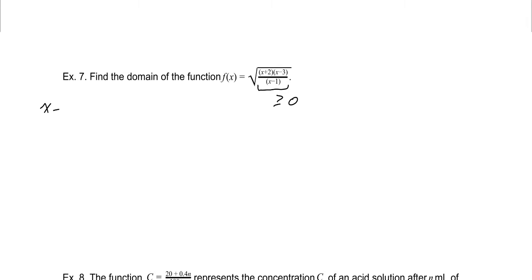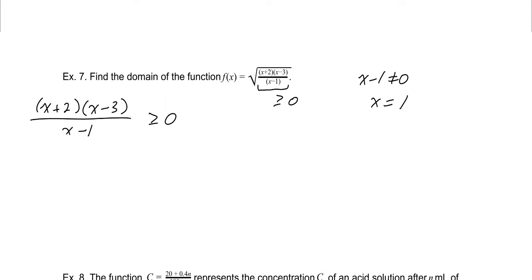So (x plus 2)(x minus 3) over (x minus 1) must be greater than or equal to 0. We also cannot have x minus 1 equal to 0, so we already can say that x is not equal to 1.